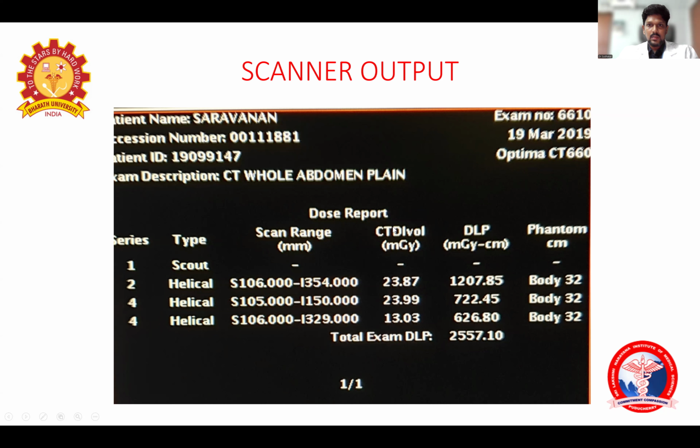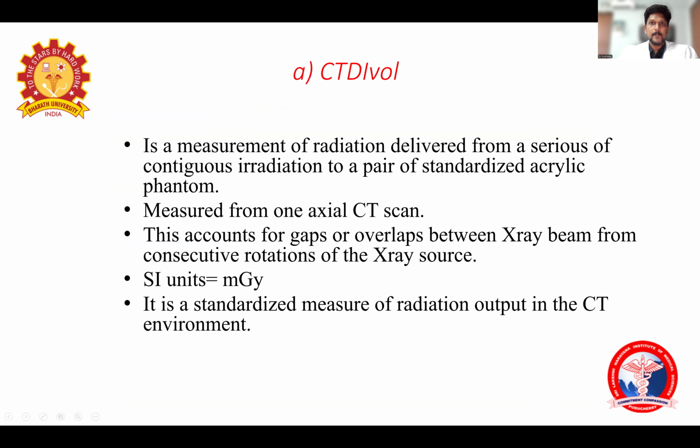The CTDI volume for CT whole abdomen is standard for almost all patients. However, the dose length product is related to the length of the patient and length of the scan. These are the two important parameters which help us to assess the radiation dosage to the patient.